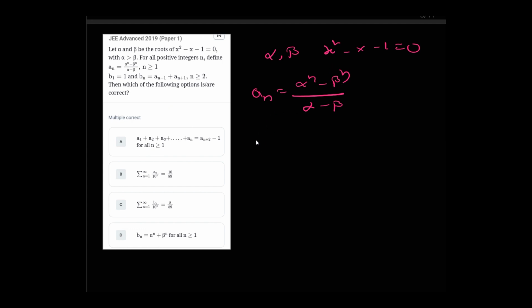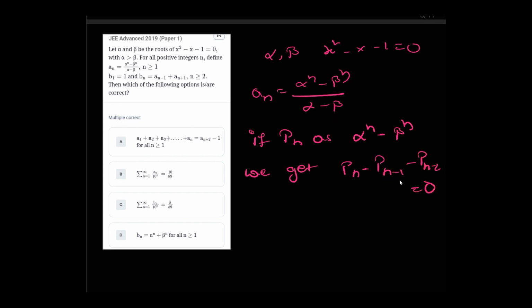Now we know that if we take Pn as alpha power n minus beta power n, we get Pn minus Pn minus 1 minus Pn minus 2 equals to 0. That means Pn minus 1 equals to Pn minus Pn minus 2. That implies Pn equals to Pn plus 1 minus Pn minus 1.